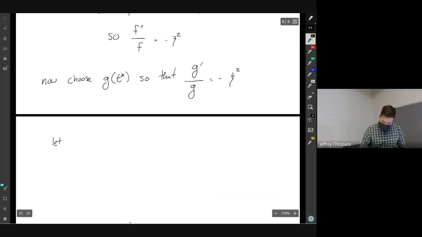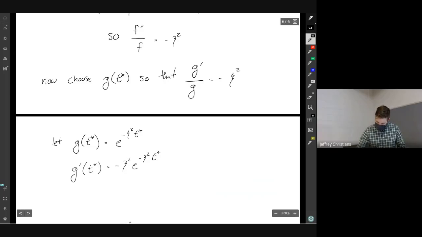So we let g of t star equal e to the minus c squared t star, so that g prime of t star equals minus c squared e to the minus c squared t star, and g prime over g equals minus c squared.